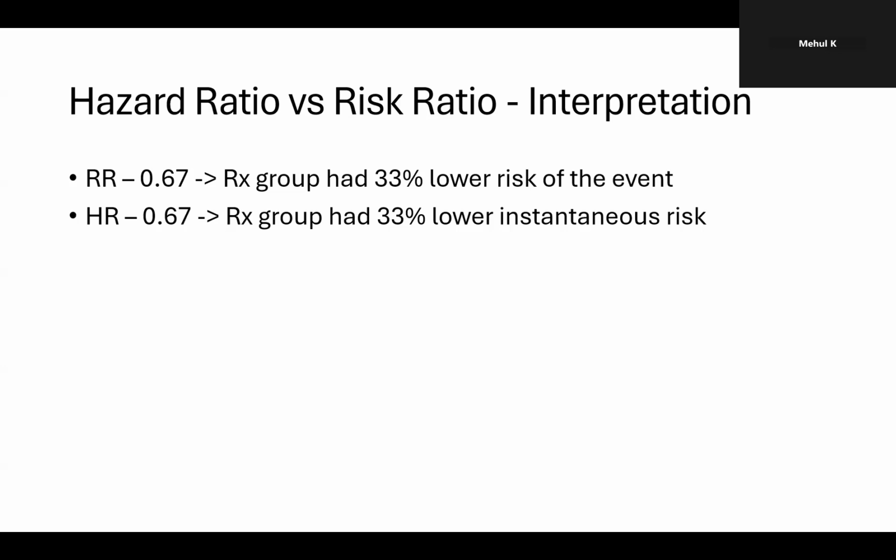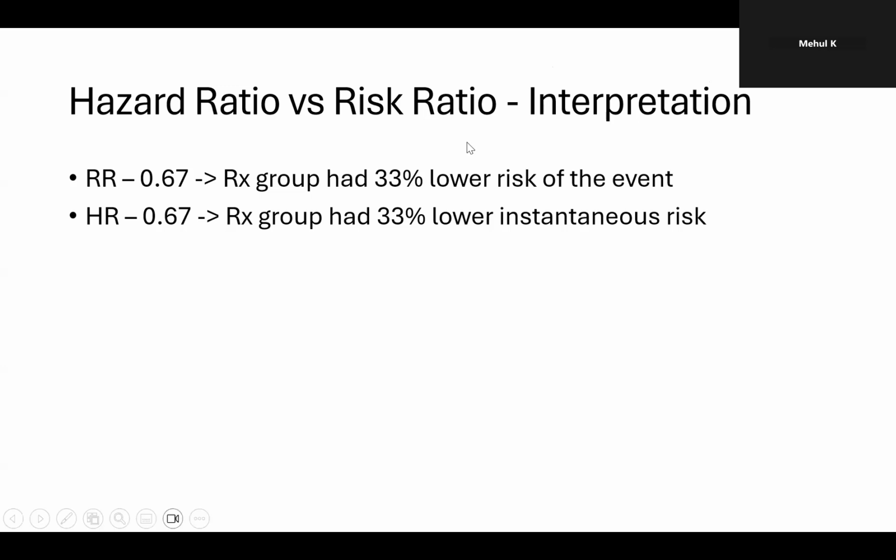So in simple terms, a hazard ratio brings a temporal component into your analysis, whereas a relative risk or an odds ratio does not have this temporal component at all, apart from the pre-specified time period. So this is how you simply differentiate between a hazard ratio and a relative risk.